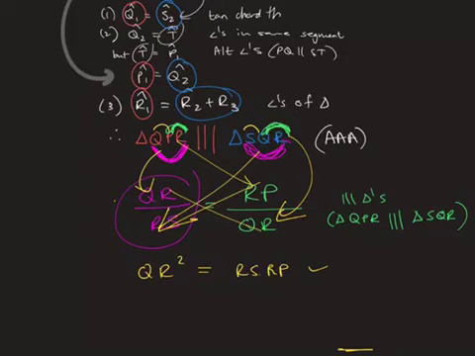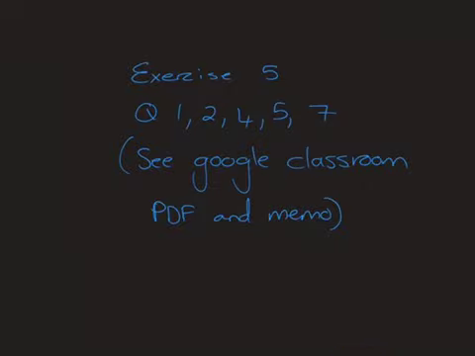Okay, so please make sure that when you're practicing now with exercise 5, that you are looking for the triangles you need and that you use colors. Okay, please use highlighters or Koki's or something like that to help you. All right, so for exercise 5, questions 1, 2, 4, 5, and 7, the whole exercise will go up onto Google Classroom, but only the memo for those 5 will go up.